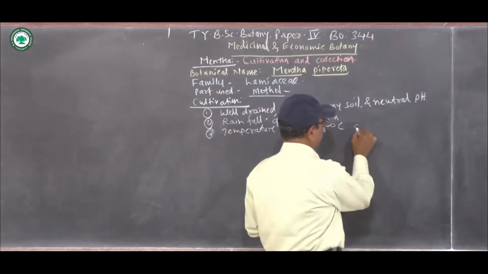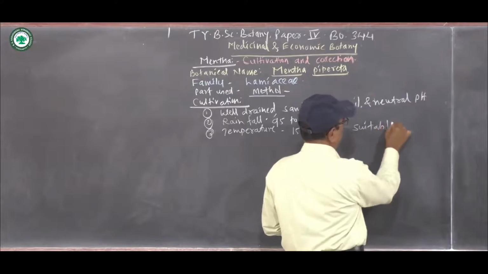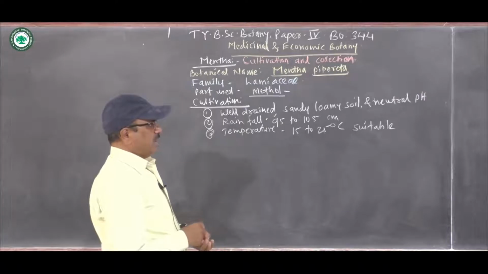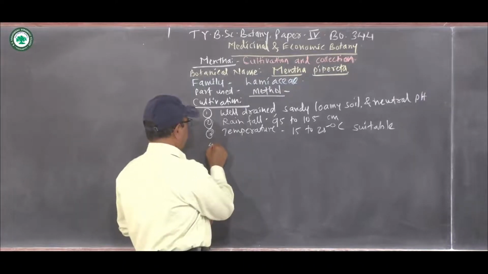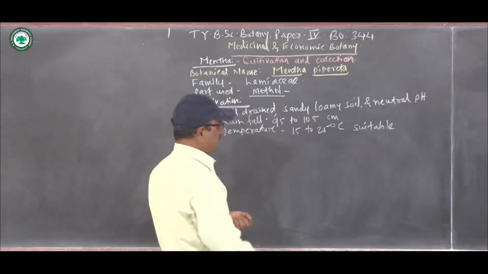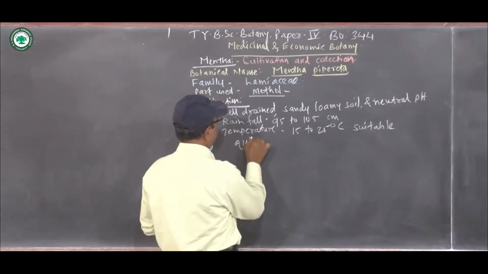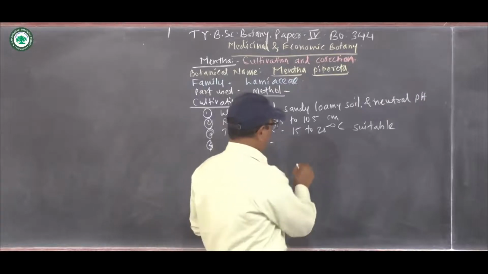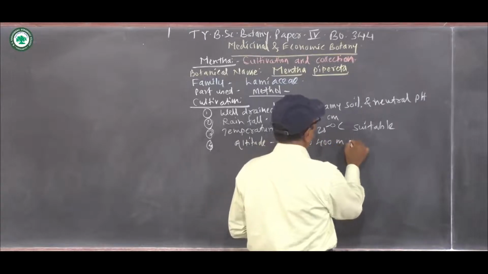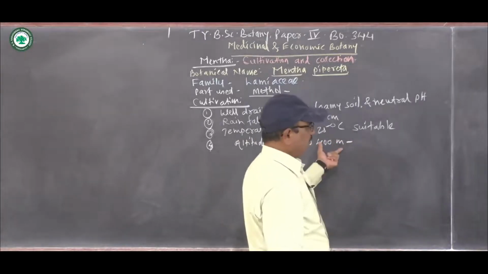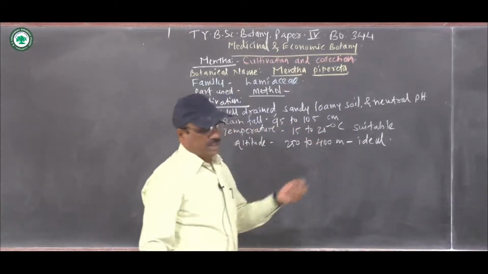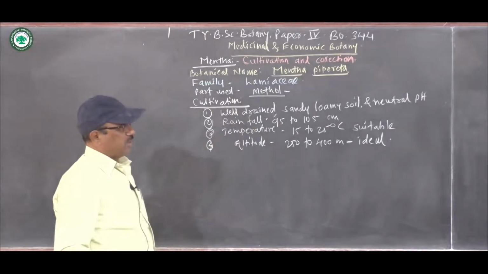It is a very suitable temperature for the growth of this plant. This plant grows at an altitude of near about 250 to 400 meter. Such type of altitude is very ideal for the growth of this Mentha.